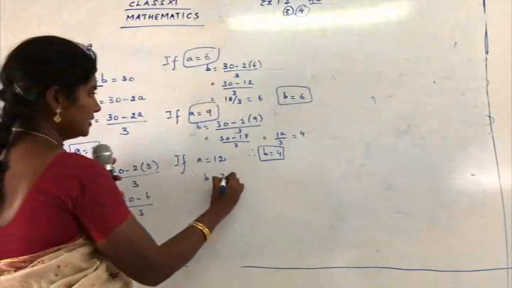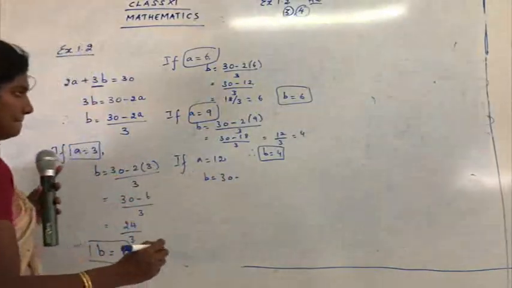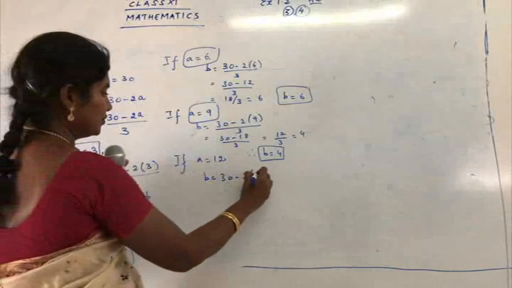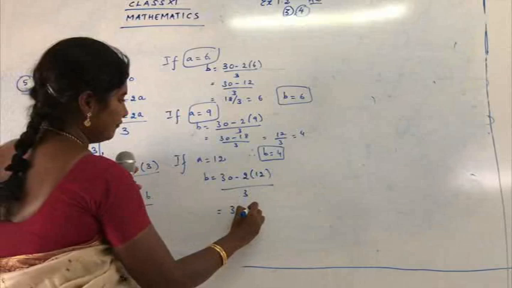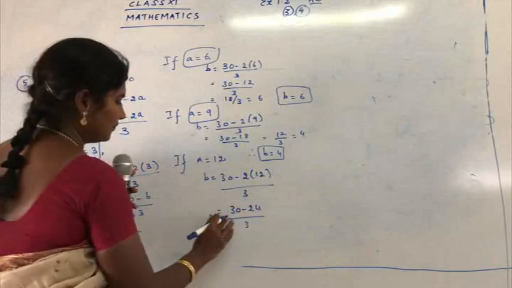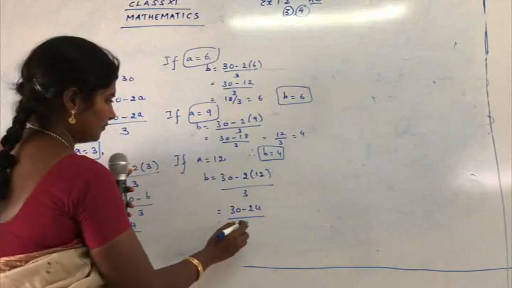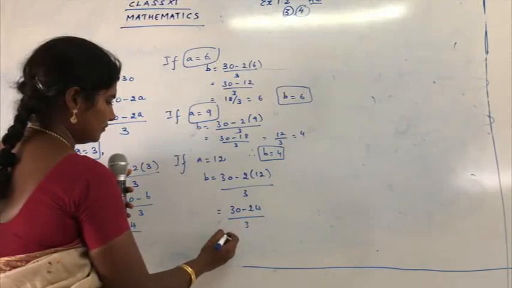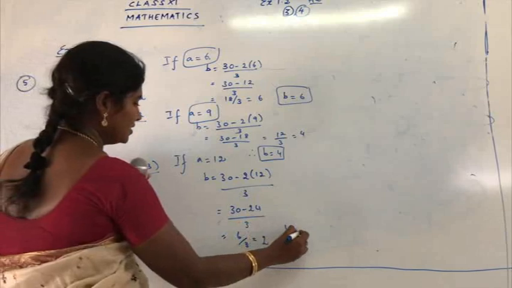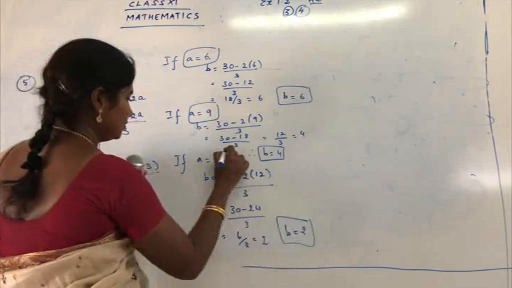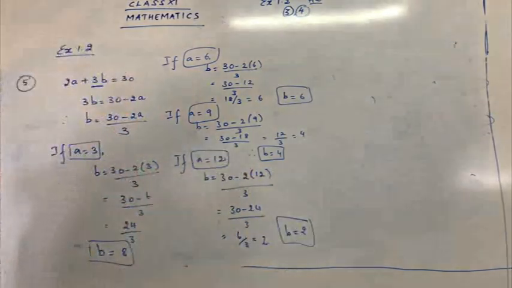For A is 12, B is 30 minus 2 into 12 upon 3, 24 upon 3, 30 minus 24 is 6, yes. That's 2. So B is equal to 2. So A is 12, B is equal to 2.